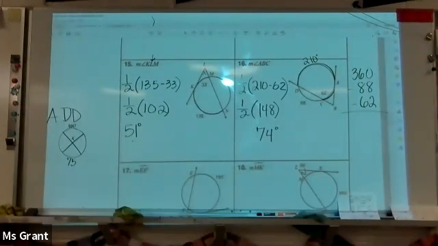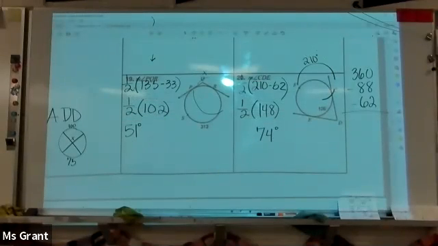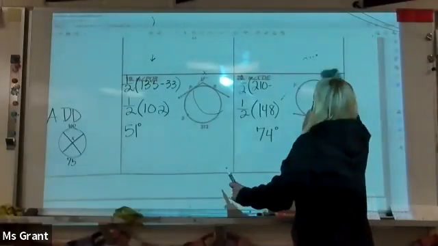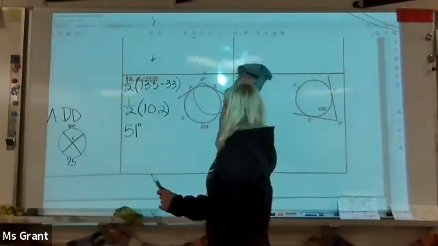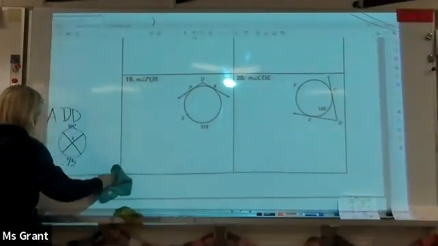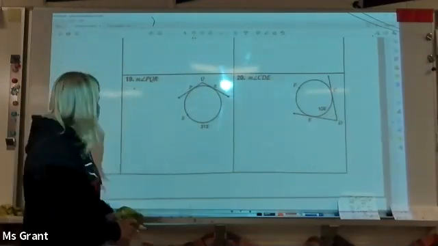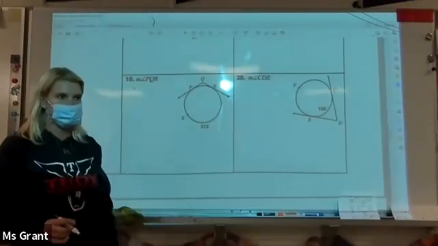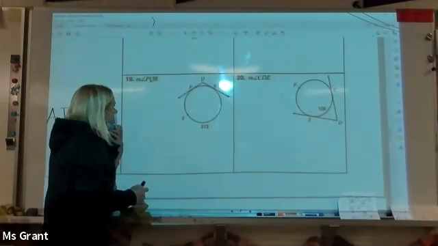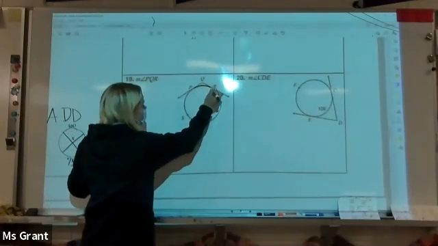All right, ready? Last two. These are both tangent lines. I've got missing information already. I'm going to do 19 and 20. These are our last two for notes. So this whole thing is 313. Don't worry about S. What's this little arc right there?